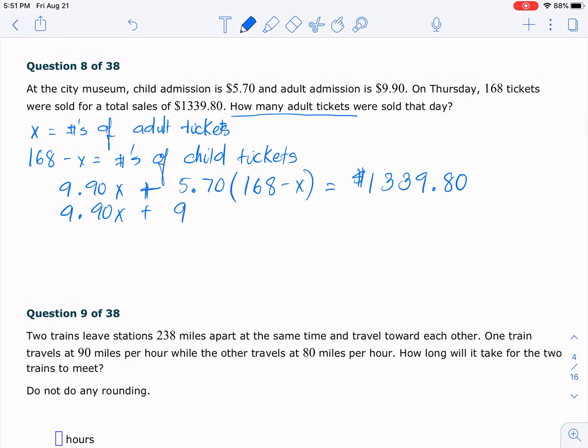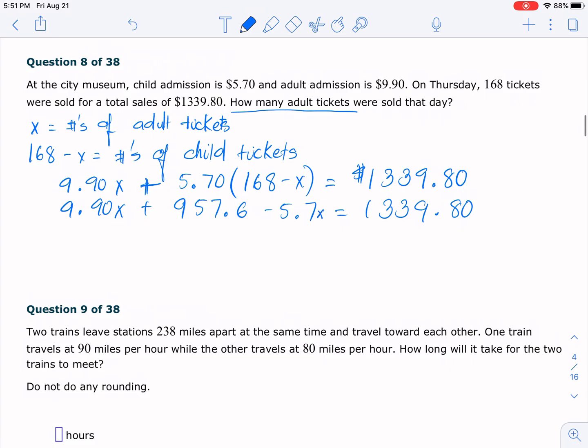So I got 957.6 minus 5.7x equals 1,339.80. Combine like terms.